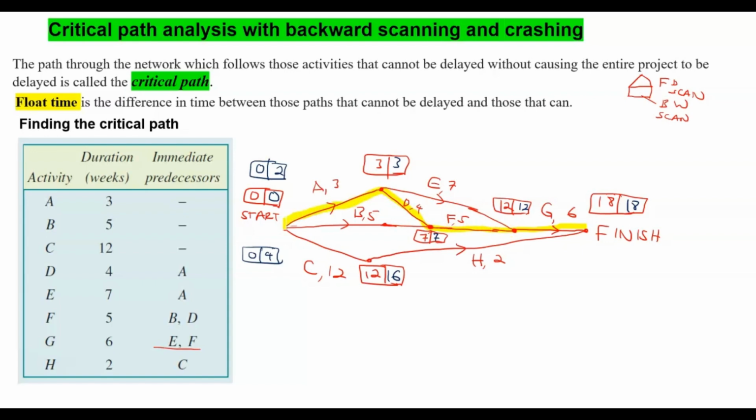So that path there will be the critical path. So that's the path we cannot delay. All right, let's write our critical path. The critical path is A, D, F, and G, which is 18 weeks. 18 weeks will be the critical path for this project.